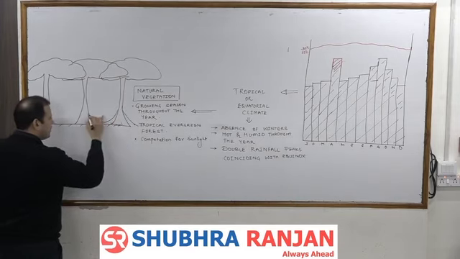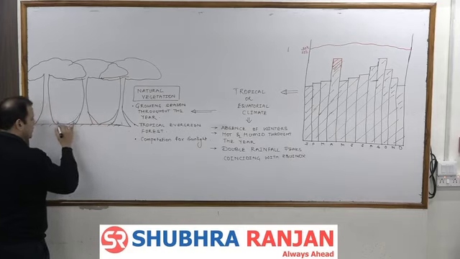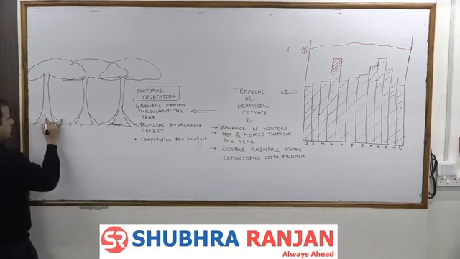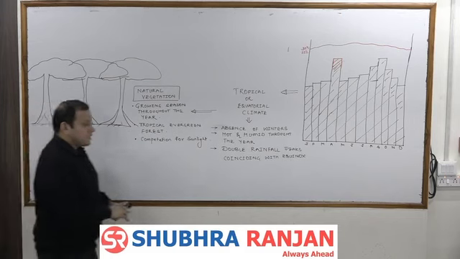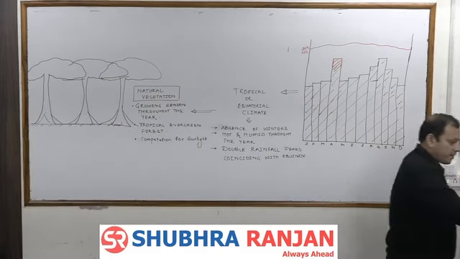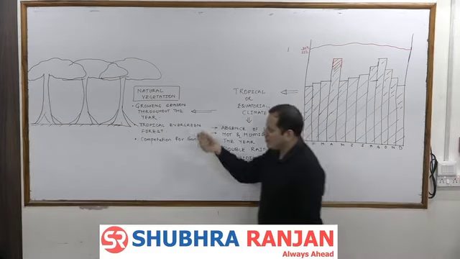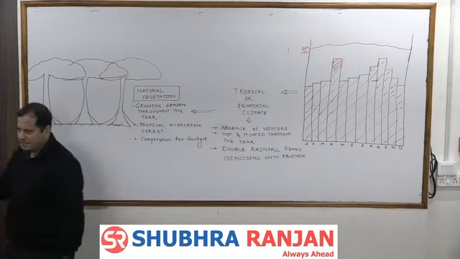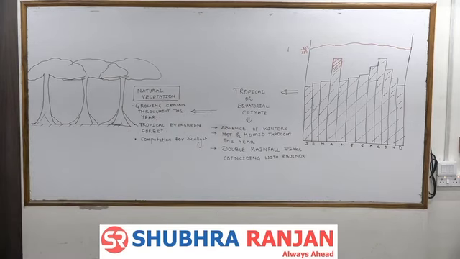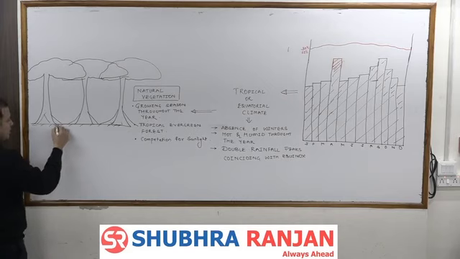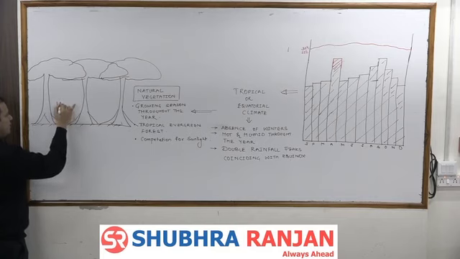The trees have a very wide root system. Then there is a second layer of the trees, with height somewhere around 120-130 feet. Then there is a second layer of the trees which can grow on filtered sunlight.